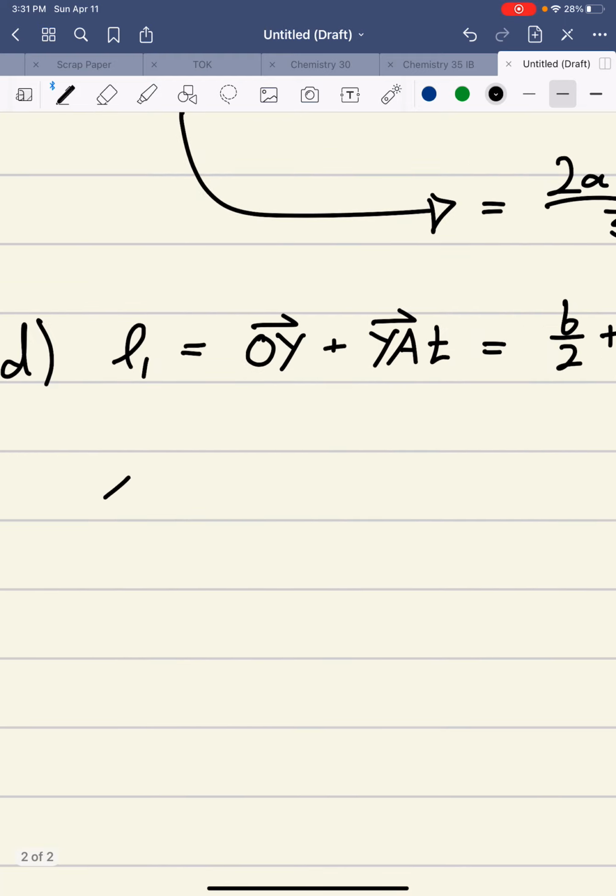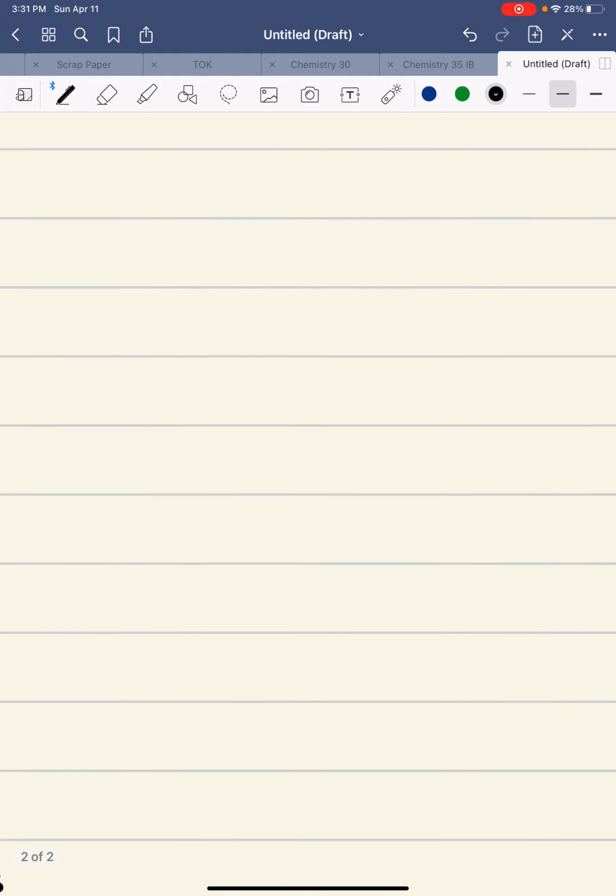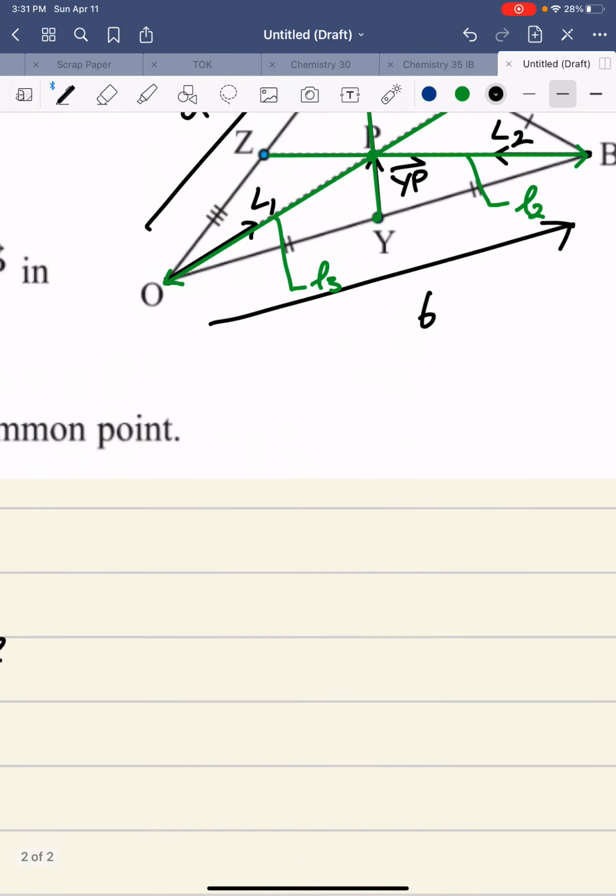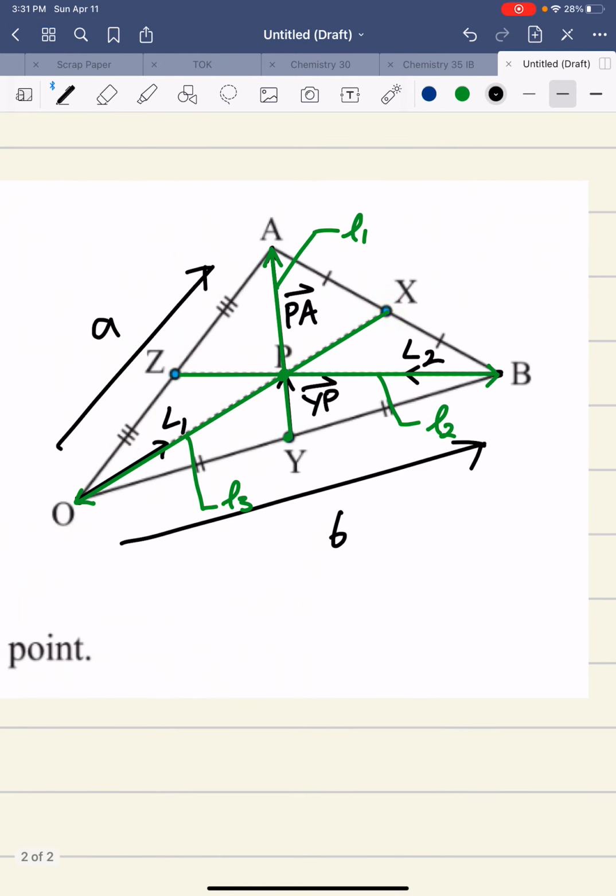And then let's do this on the same line. So line 2, let's see, what is our line 2? The position vector is OZ, and that's just a over 2, because that's the midpoint of OA, so half the magnitude. And the direction is ZB, so that's negative BZ.